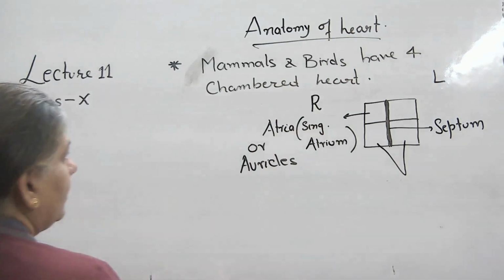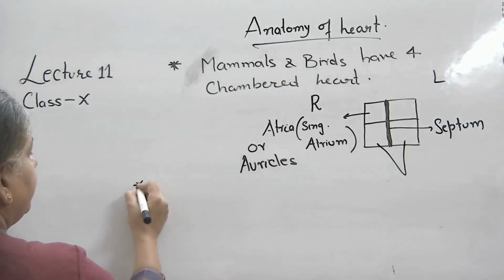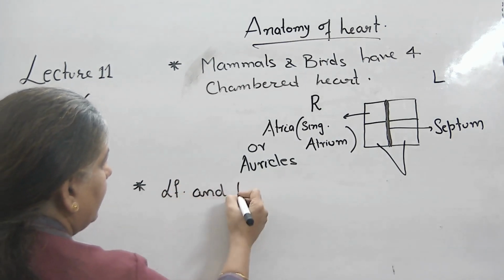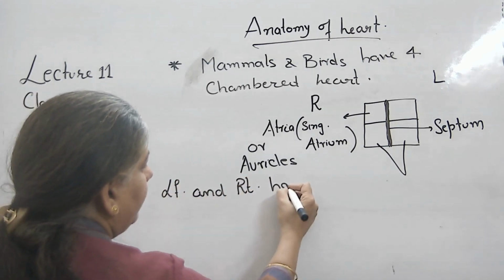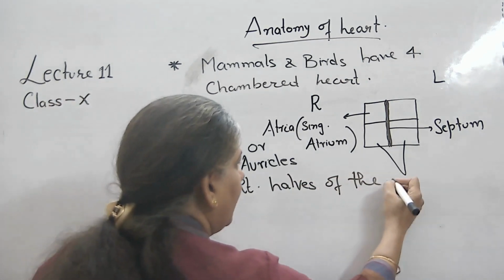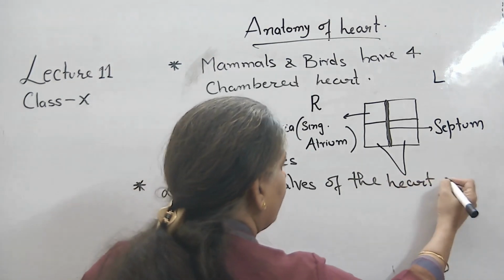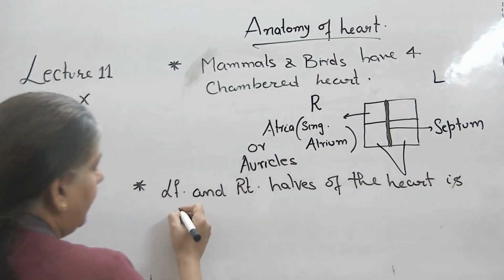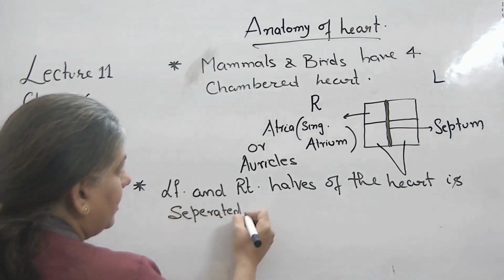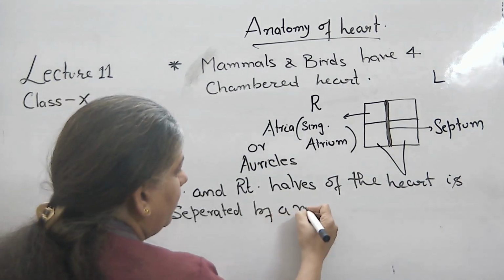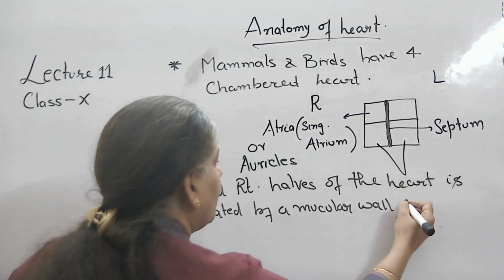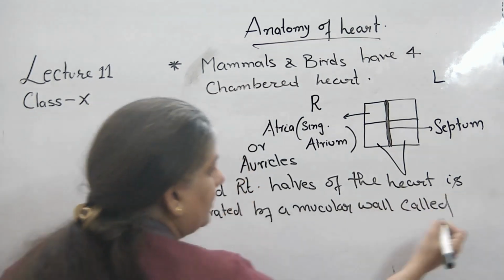That left and right halves of the heart are separated by a muscular wall called septum.